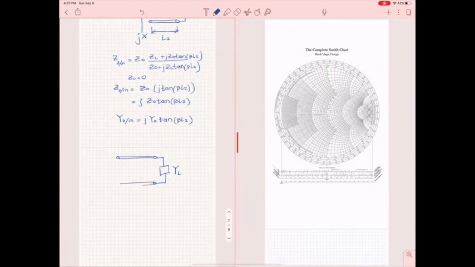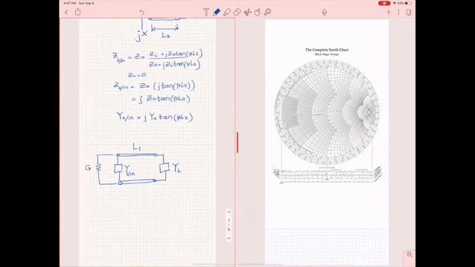And then here is my stub also in admittance form. And this is L1. And then here is my load, but in the form of a conductance, 1/R. Okay, you cannot just keep some impedances or resistances and some admittances, or conductances. You have to convert everything. So because of the shunt configuration, I converted everything. And if you convert everything, then you can use the Smith chart.